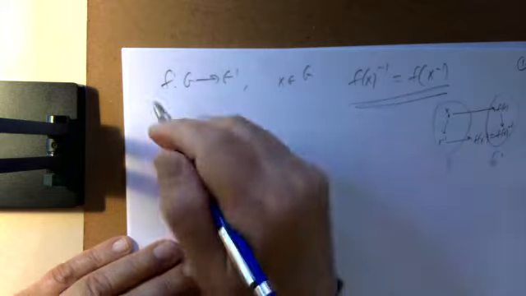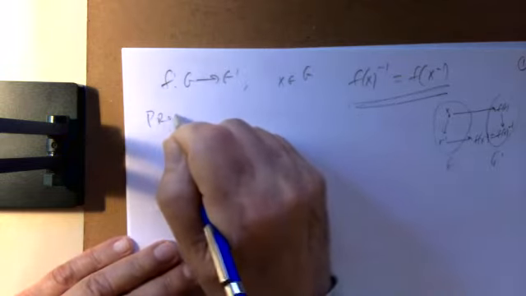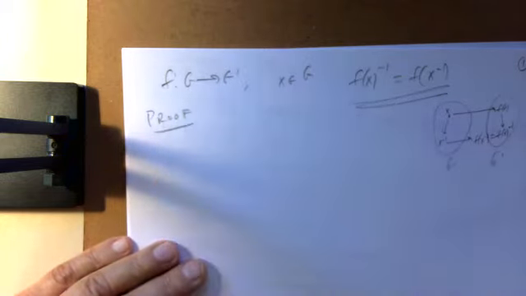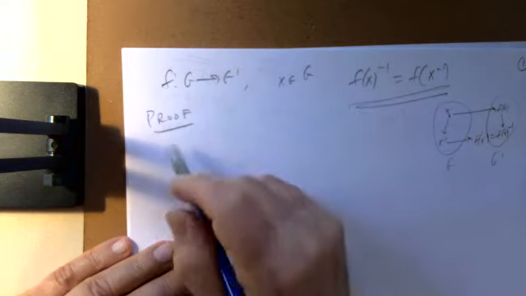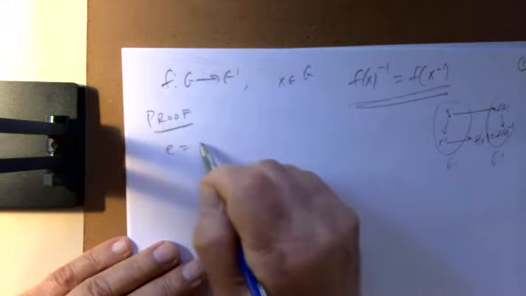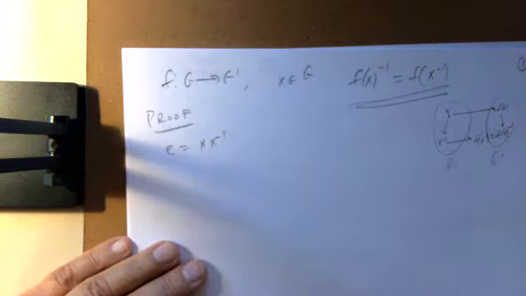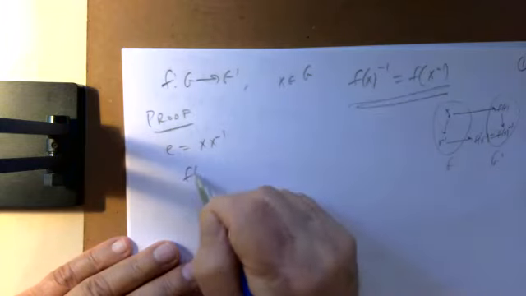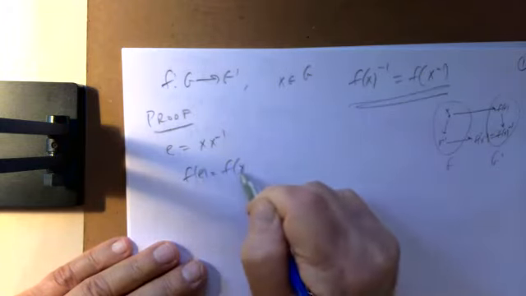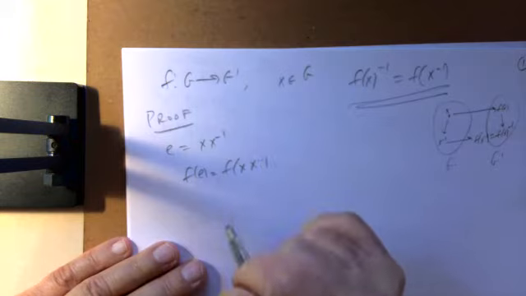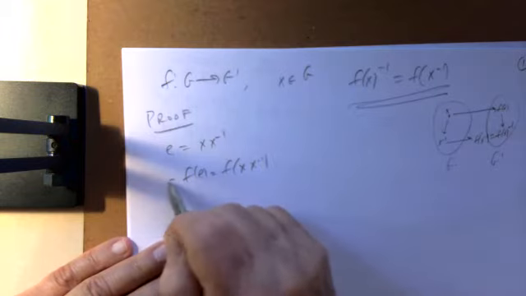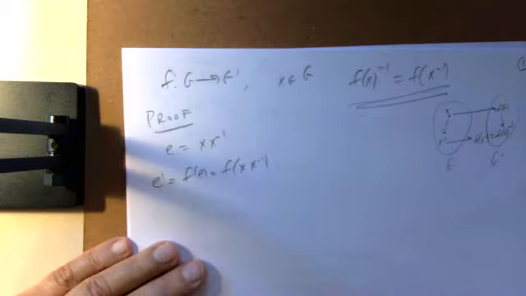And how do we prove this? A statement needs a proof. You can't just believe it's true. You have to prove stuff in mathematics. So we know that the identity is x times x inverse. So f of e is f of x times x inverse. Of course, f of e is the identity in G prime, it's e prime.